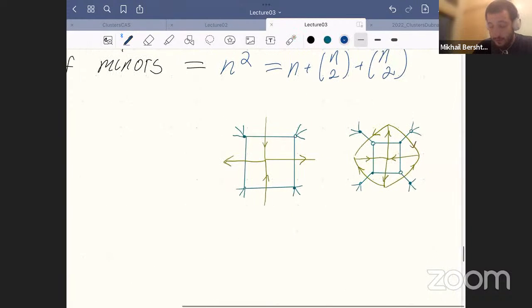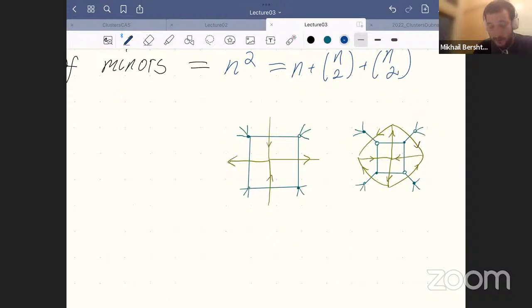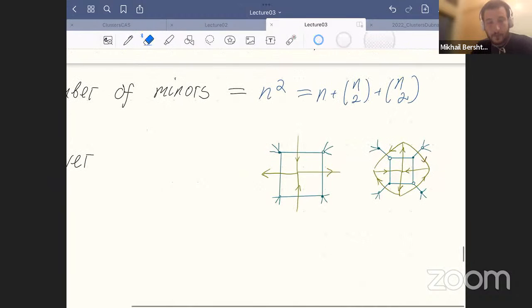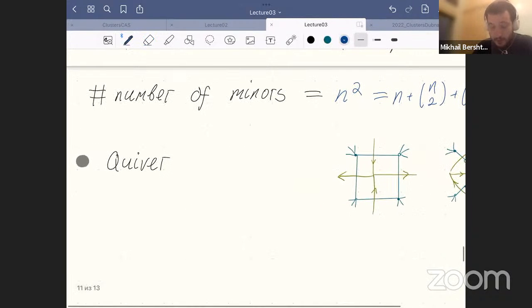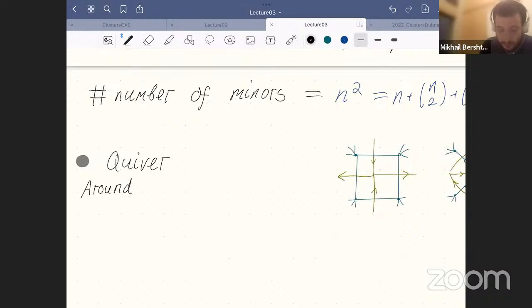And the rule is the following: around black vertices, sorry, the quiver is constructed like this.